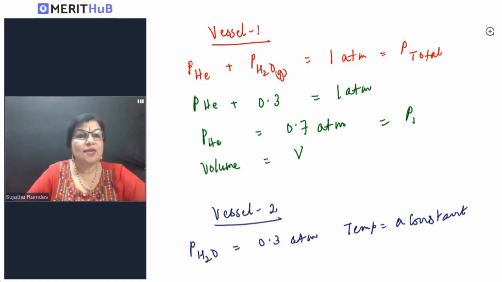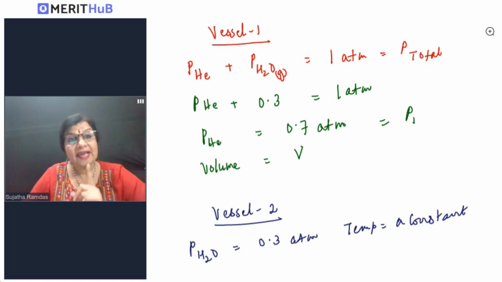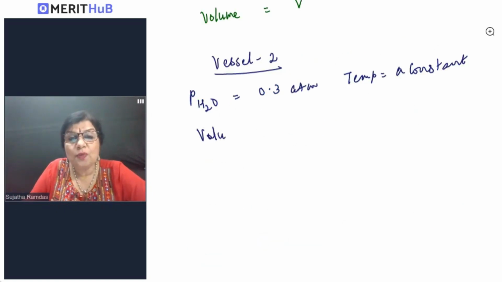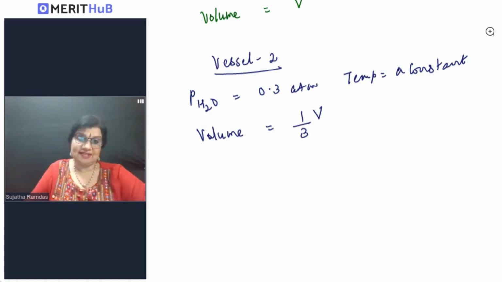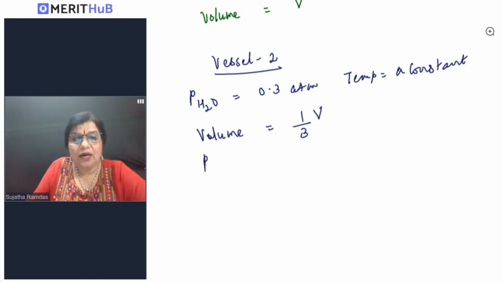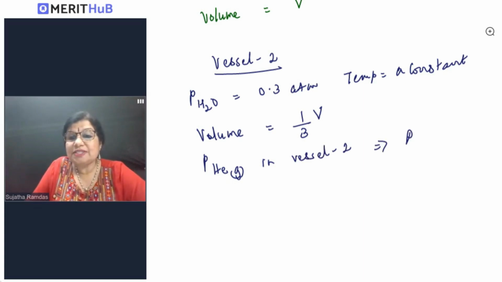Okay, so let's see what happens to the partial pressure of helium gas. For that, we need to find out the total pressure. Now, let the volume of this vessel be equal to 1 by 3 of the volume of the original vessel. This information has been conveyed, right? Now we need to find out the partial pressure of helium gas in vessel 2, and let's call it P2.